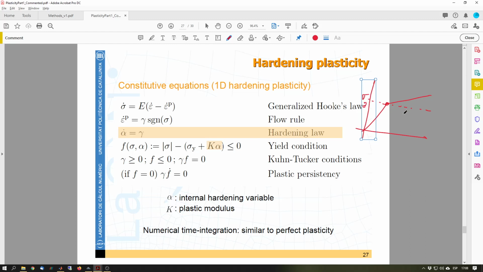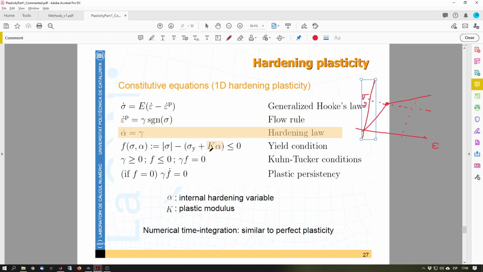That's sigma y, and as the strain increases, we have an increase of our domain. Before, f depended on the absolute value minus sigma y, but now sigma y is also increased by something proportional to a modulus, where alpha is the amount of plastic strain.